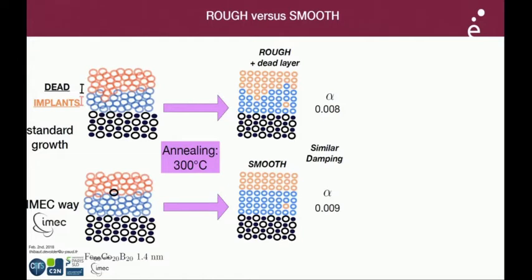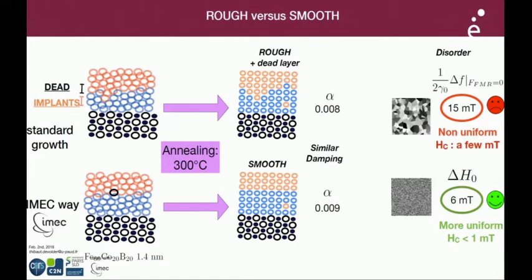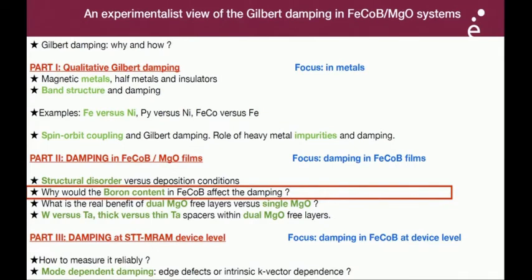But there is a substantial difference if you look at the non-uniformity, as you can measure it by the FMR linewidth broadening. The samples deposited the conventional way have a non-uniformity that is substantially larger than the one that you measure on the samples with a sacrificial layer. So there is a strong benefit of doing this. So for structural disorder, there is a trick to reduce it.